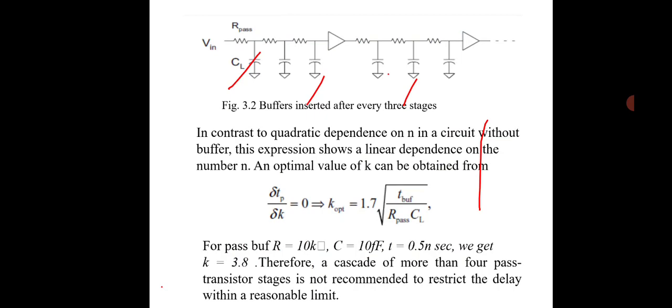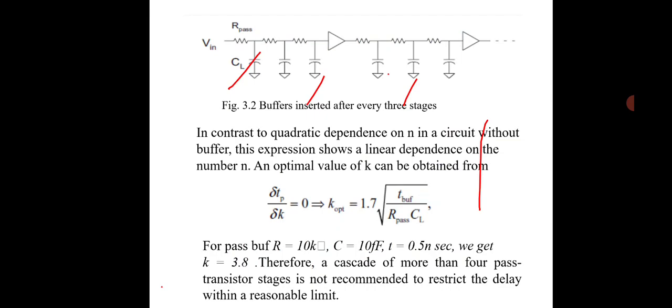If you are getting k equal to 3.8 in this case, then after every 4 stages you can insert a buffer. That is a scenario you have to maintain. The first disadvantage is that when pass transistors are connected in a chain fashion, it obviously leads to a long delay.